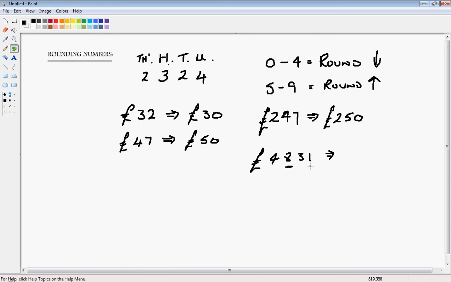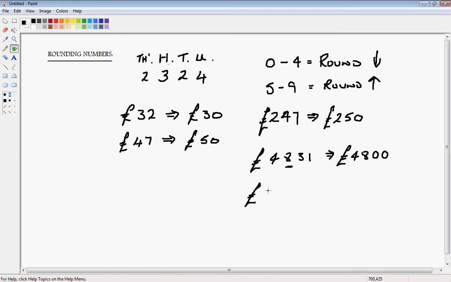Now, is 831 closer to 800 or closer to 900? Well, we know that 31 is closer to 800, so we would just write 4000 because that hasn't changed, the 800 because that hasn't changed, and these two numbers just change to 0 because we're rounding to the nearest 100. So 831 is closer to 800.